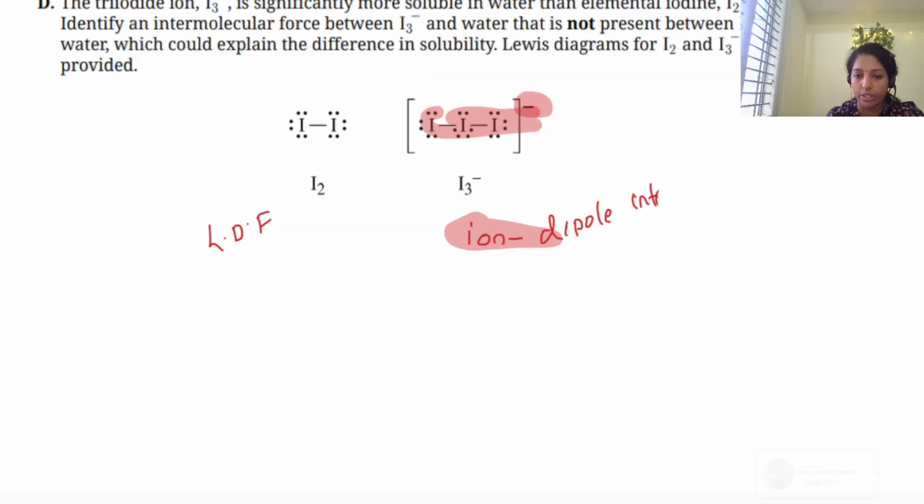Ion dipole interaction is the interaction which is present in I3 minus but not in I2 and water. Okay, so this strong ion dipole interaction is making I3 minus more soluble in water than I2. That's all about that question. I hope you understood. We can come back with the next question. Bye.